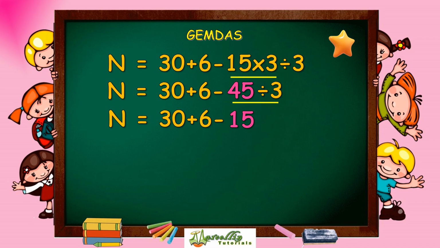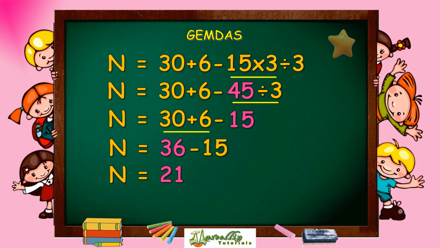Now, the remaining process is addition and subtraction. Now, we can do the left to right process for addition and subtraction. Let's add 30 plus 6. So that is 36. Then let's minus the 15. Our final answer is 21.